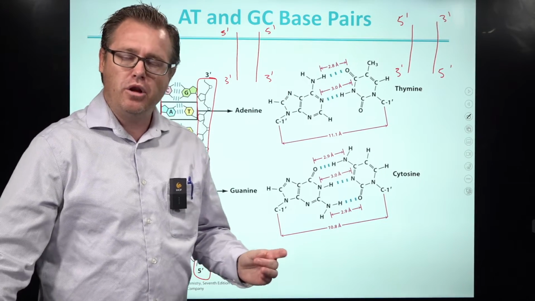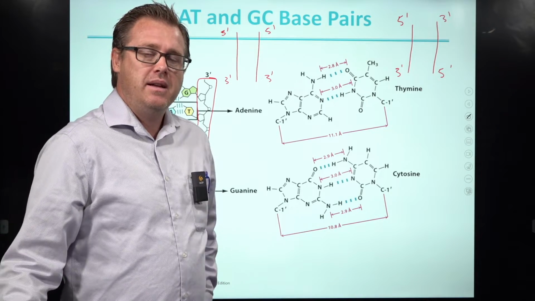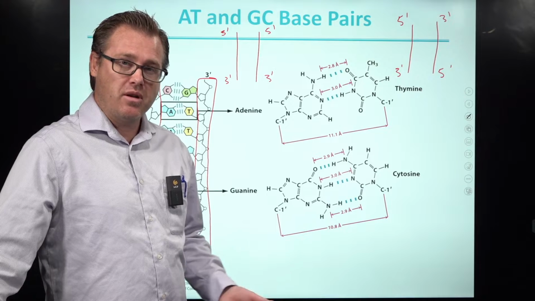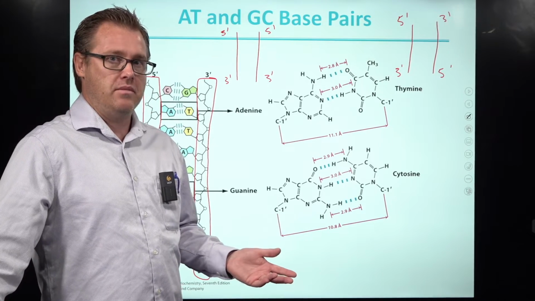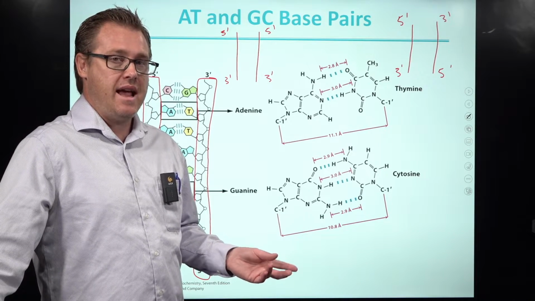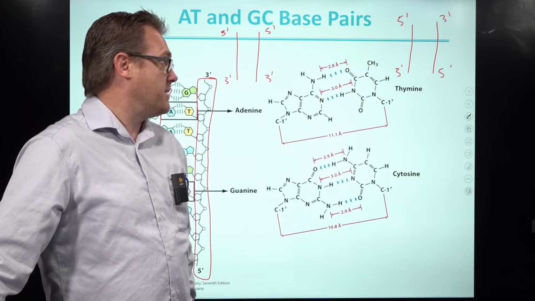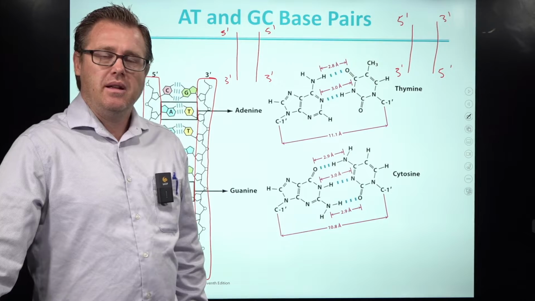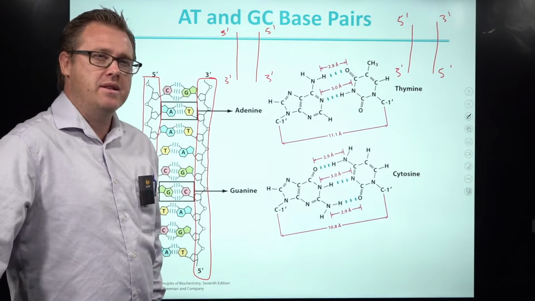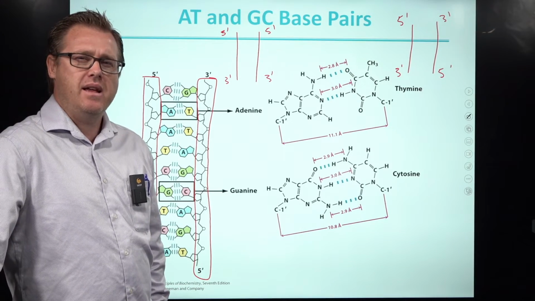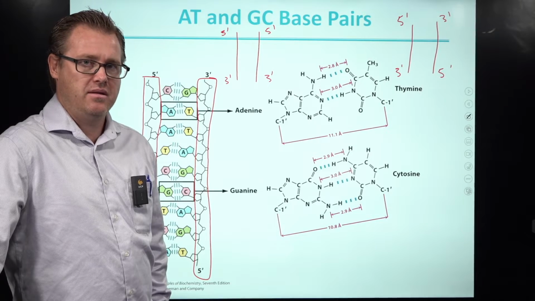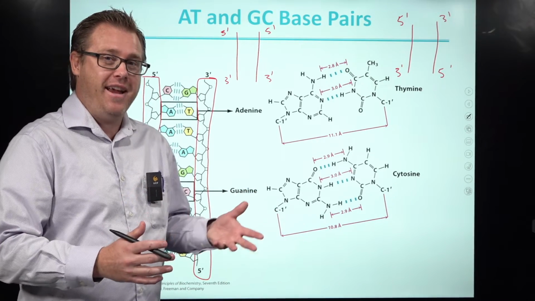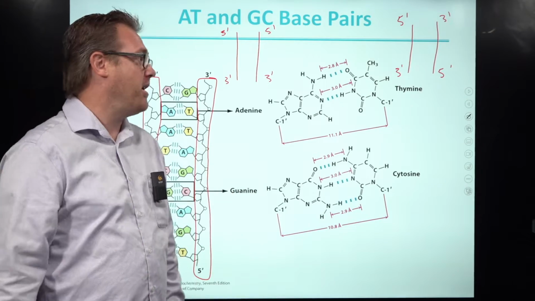When we look at the mechanism of DNA synthesis and how DNA polymerase works, that's strong evidence that DNA is the anti-parallel molecule here. And then, what other evidence do we have? We have X-ray crystallography. We basically have a picture of DNA, and it shows us that it's anti-parallel.